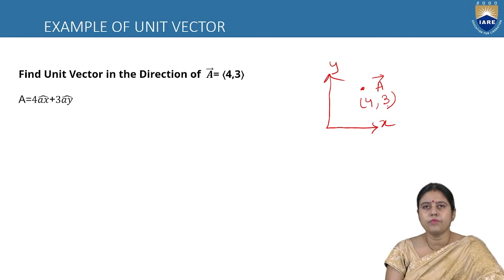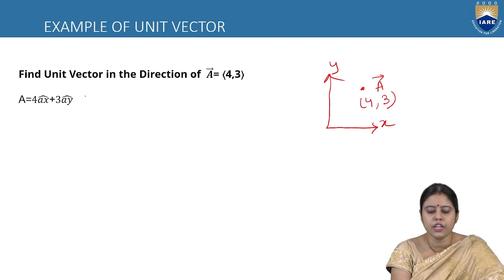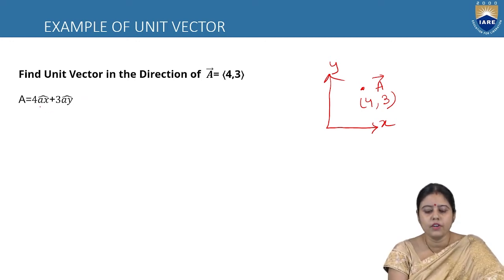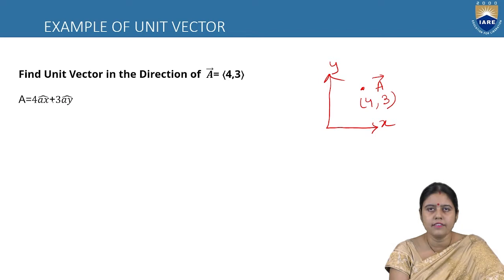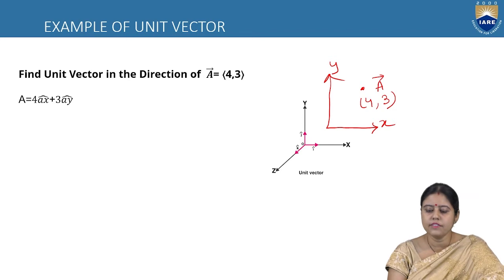So what will be its position vector? The first is the x-axis, so A vector is 4ax plus 3ay. According to physics, we can also write it as 4i plus 3j.